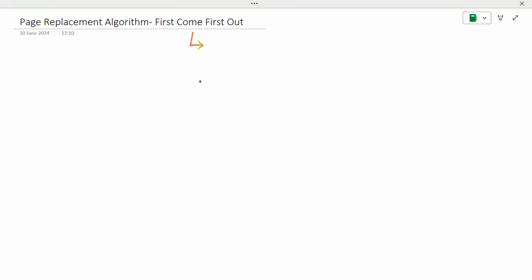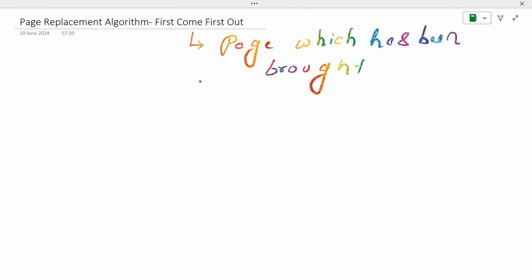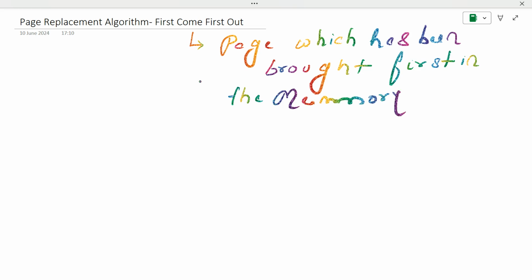So in this, the basic idea is the page which has come first, I mean the page which has been brought first in the memory, is the first one to be removed out.